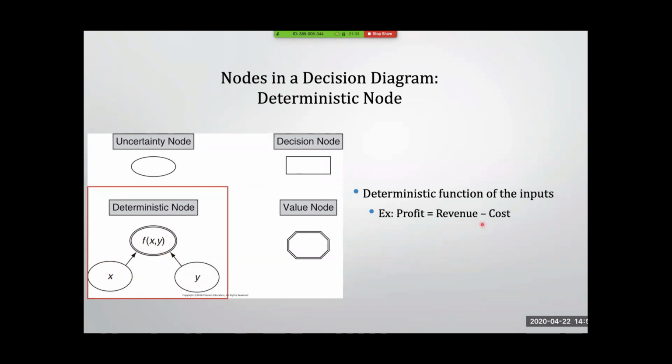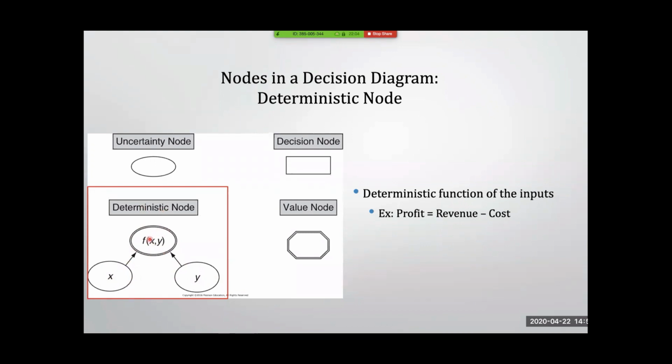Just like using this very common calculation formula. However, if you don't know the revenue and the cost, meaning if you don't have revenue or cost sending arrows to profit, then profit becomes uncertain. However, in this part, since we know revenue and cost, profit becomes a simple calculation.